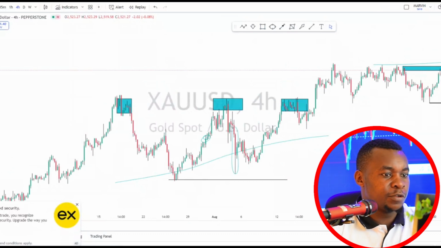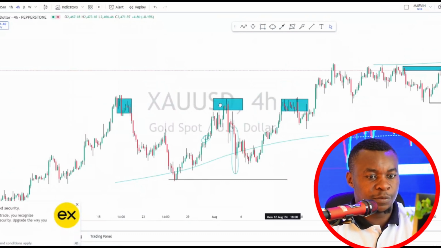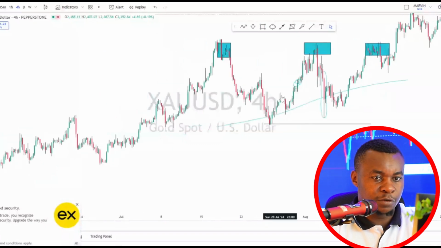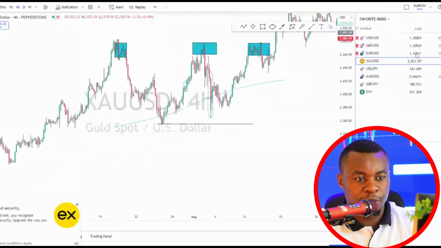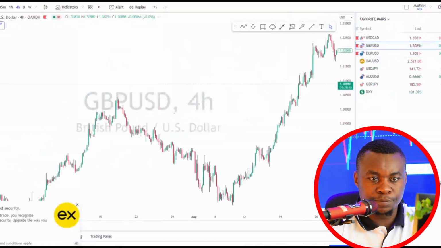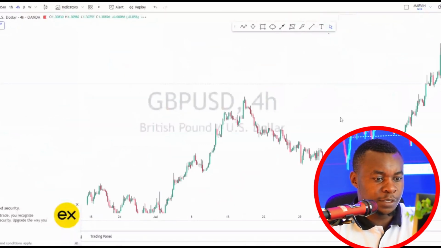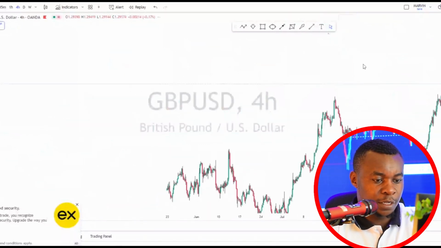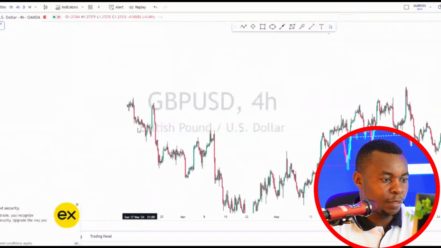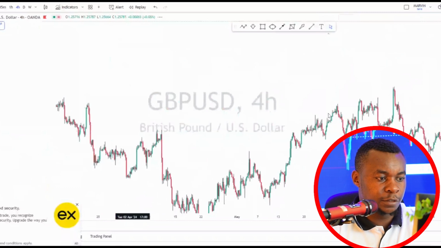Okay. So now, how are you going to take trades based on the concept of supply and demand? Taking trades is very easy. Taking trades should not be complicated at all. Let me go back to my favorite pair, GBPUSD.